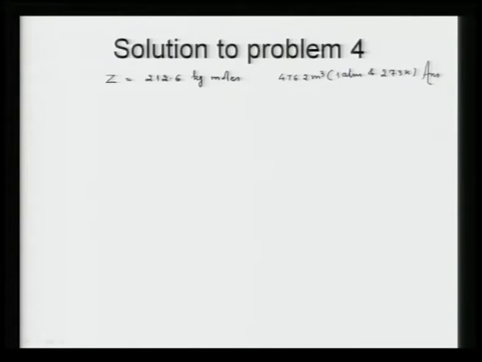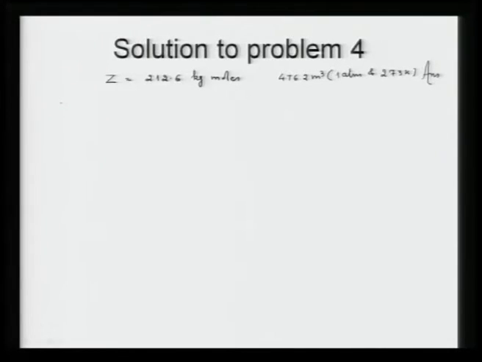Now, it is said to calculate the volume of air from nitrogen as well as oxygen balance. So, volume of air from nitrogen balance is very easy.